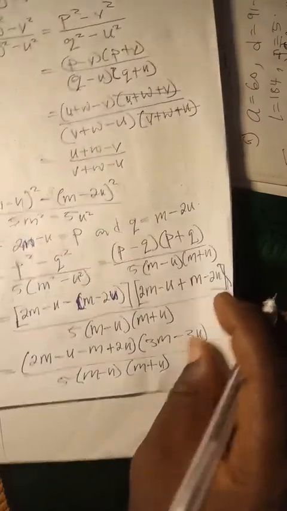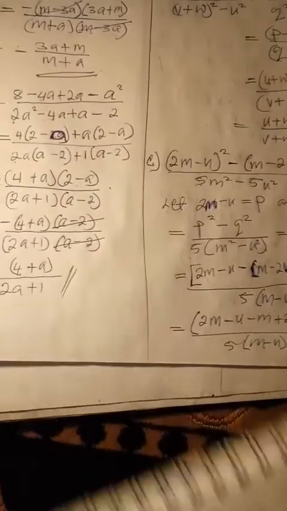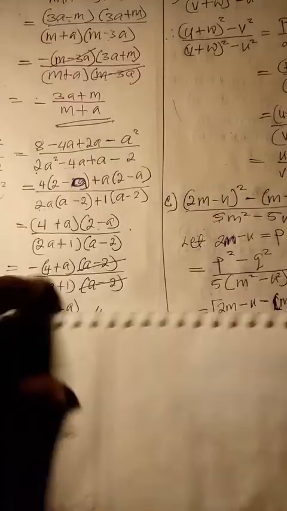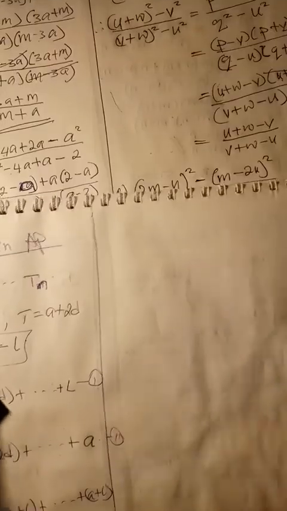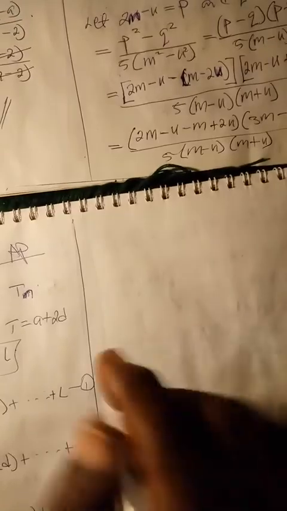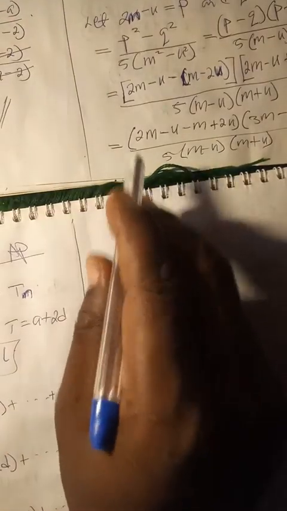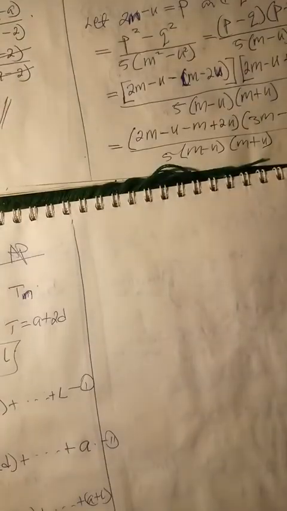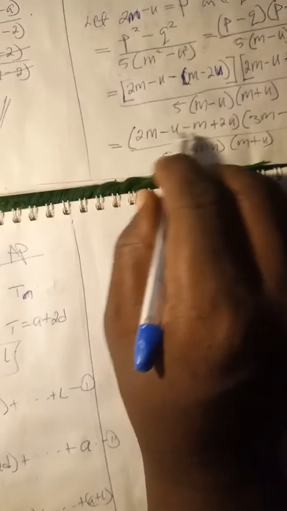Okay, so what to do next? I can continue this here. Actually, okay, let me just continue here. What am I going to do next for this? I'll say therefore, what do we have for 2m minus m?